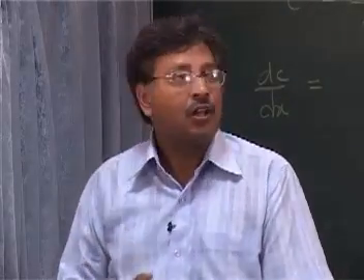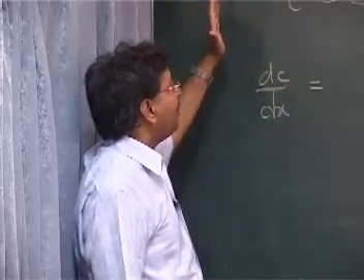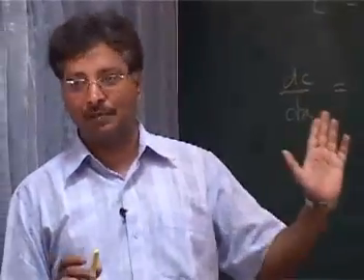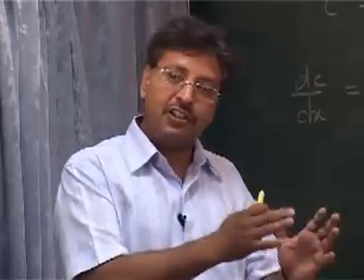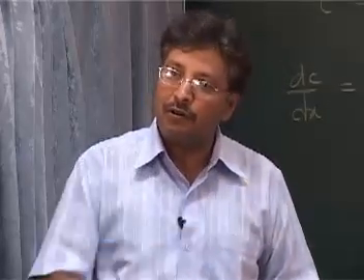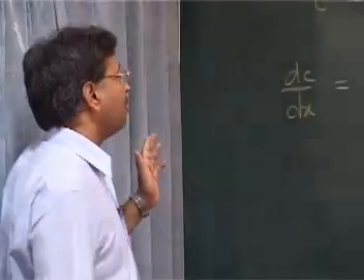Atmospheric stability. So I am writing this for a particular stability. If the stability is changing and you want to compute hour to hour concentration, you compute hour to hour concentration.